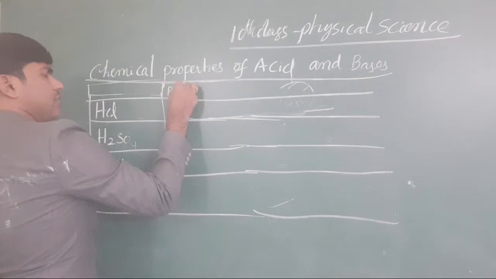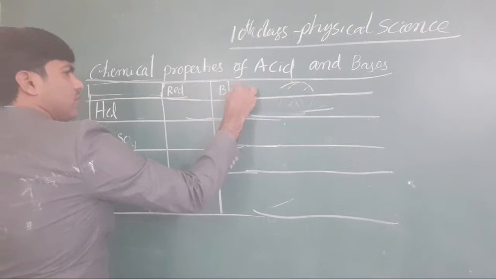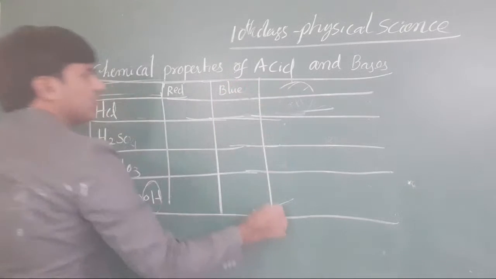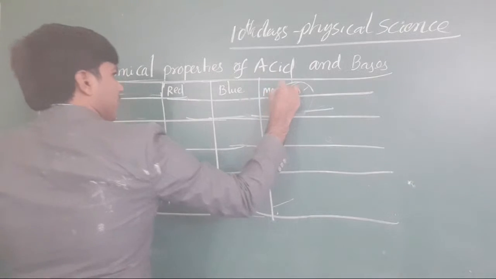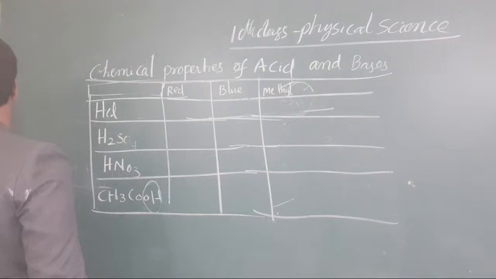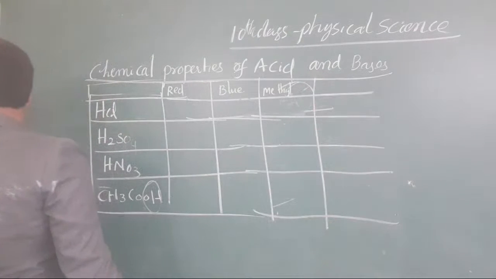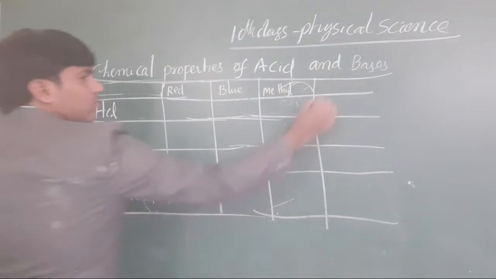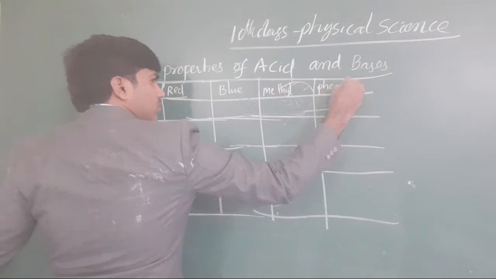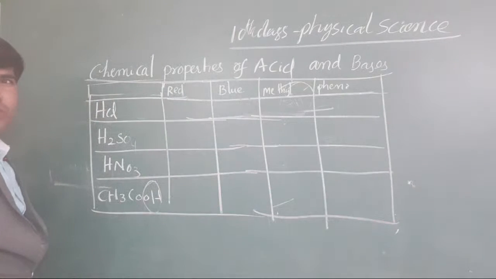First red litmus, then next blue litmus, then next methyl orange. Okay, clear or not, all the students? You take methyl orange. Then next you have to take phenolphthalein. Like that you take here.